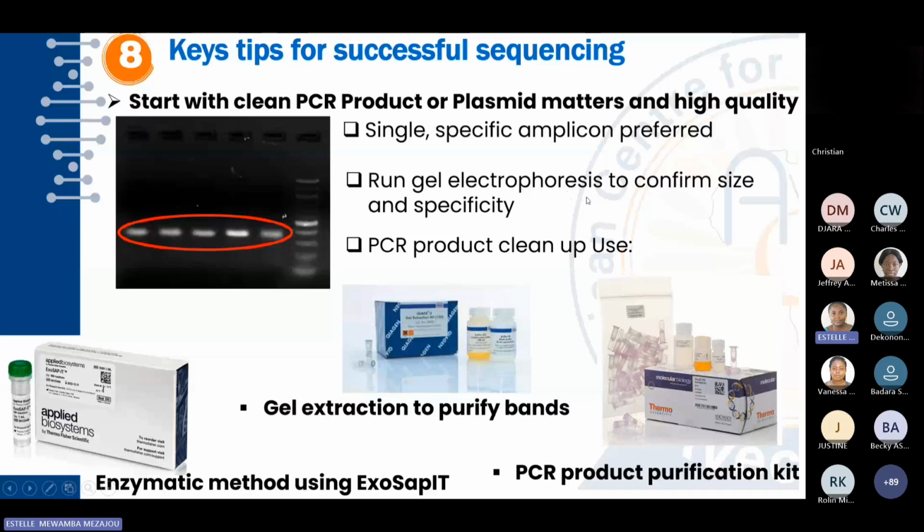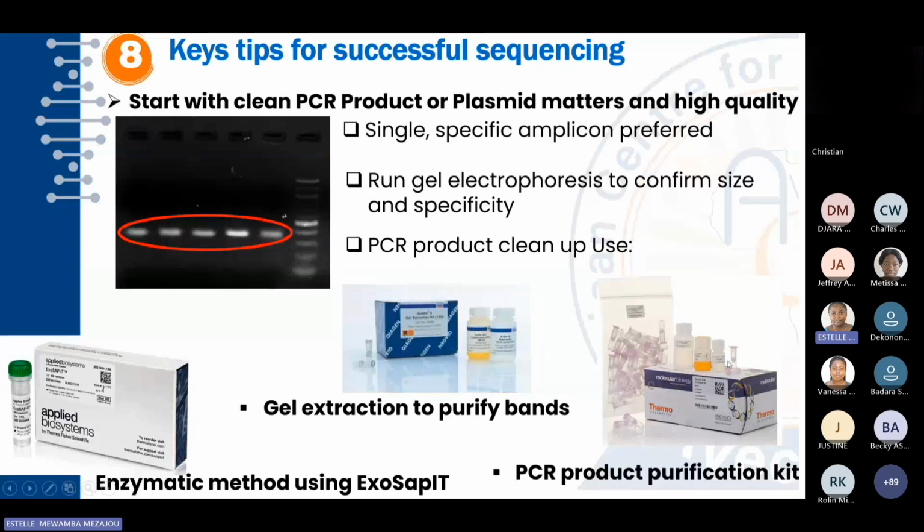And always run your PCR product on electrophoresis to really confirm the size and the specificity of the primers being used. And after that, you need to perform PCR cleanup. You can do that using either an enzymatic method that is widely used, using the Exosap IT, or you can do a PCR purification using a PCR product purification kit.